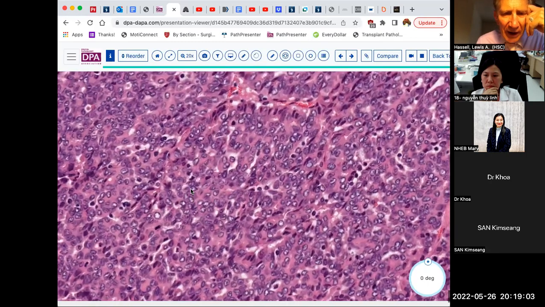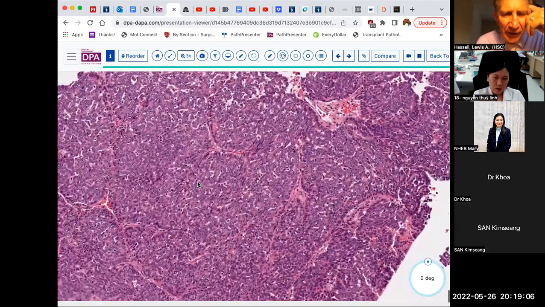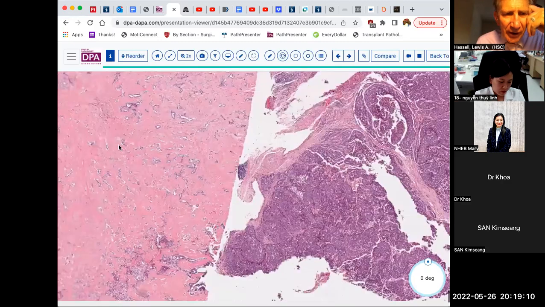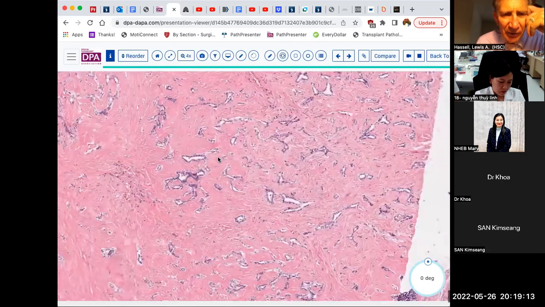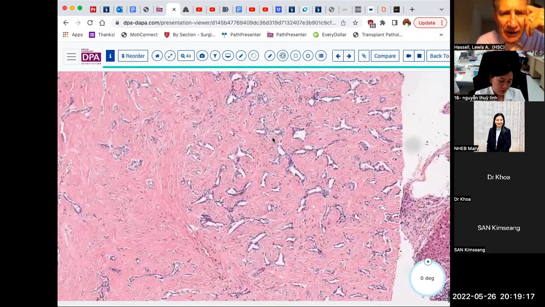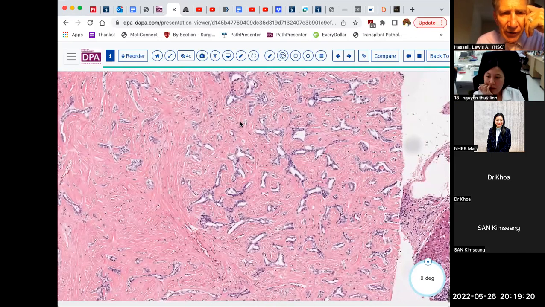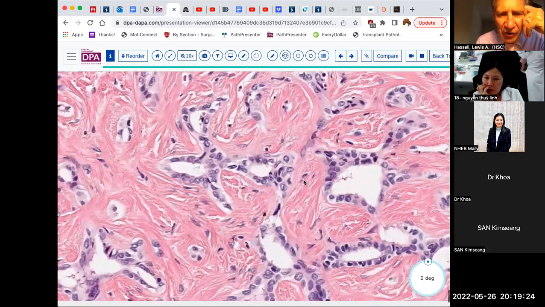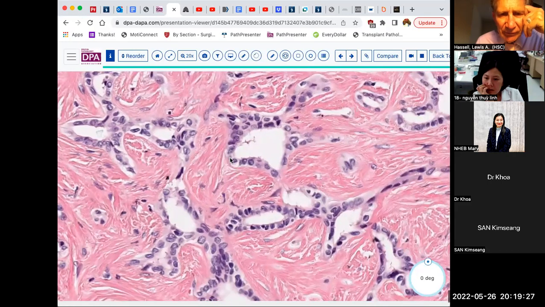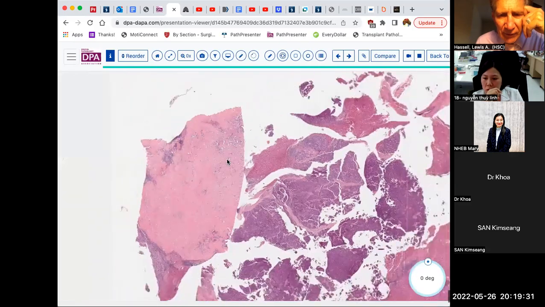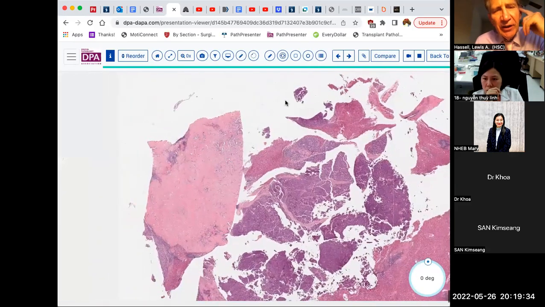That's not the usual pattern for cholangiocarcinoma, but looking right next door, again, we have this very hyalinized pattern of growth, angulated glands with the cytology of cholangiocarcinoma. So that dual morphology can be helpful if it's present, particularly.